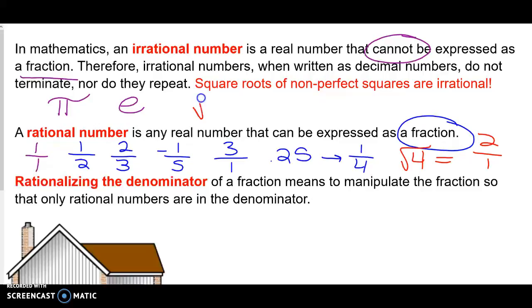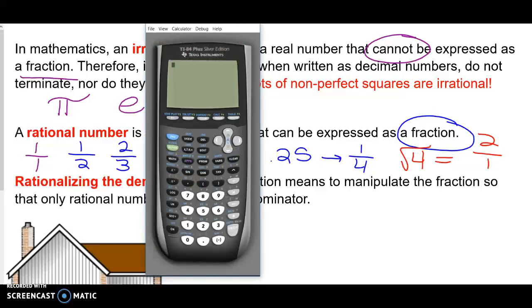However, the square root of 5. If you put the square root of 5 in your calculator, you get this really ugly decimal. And if you ask your calculator to turn it back into a fraction, it says no, I'm not going to do that. So that's how you can tell if something's rational or irrational: put it in your calculator, see if the math fraction enter works.